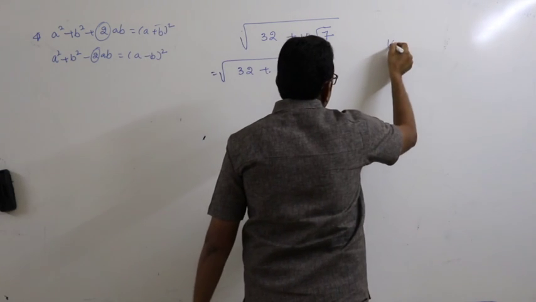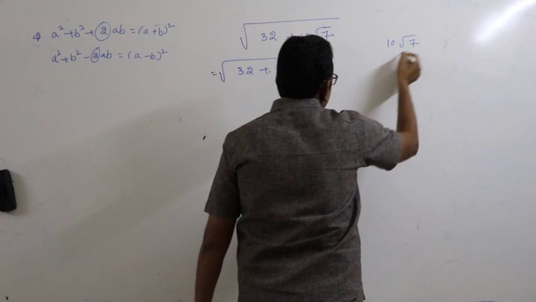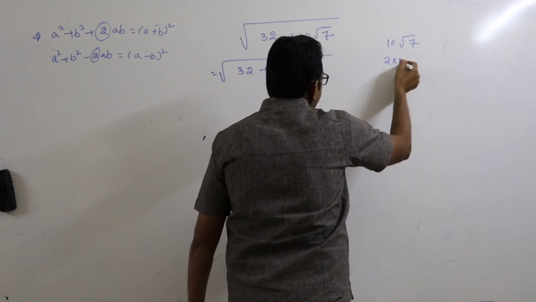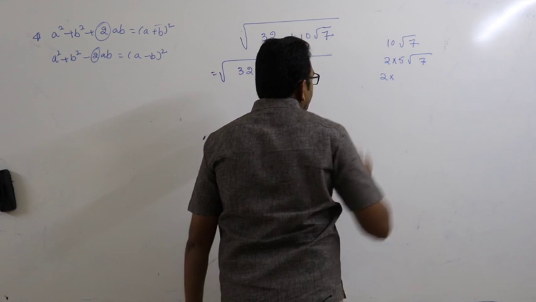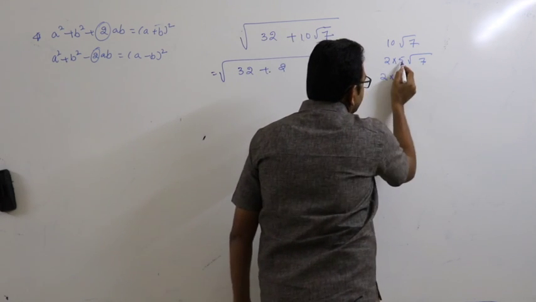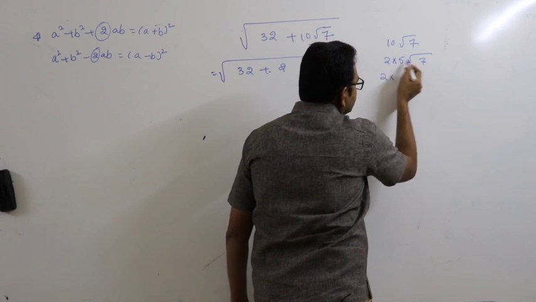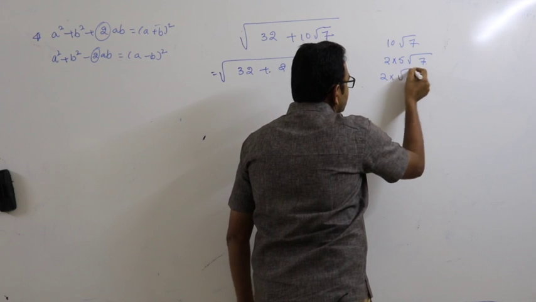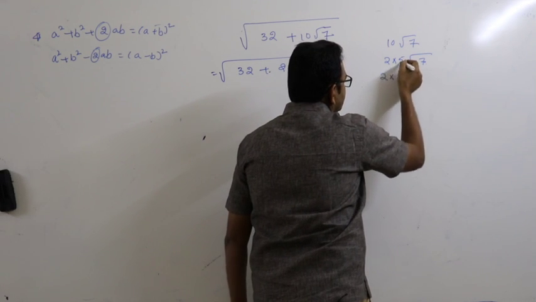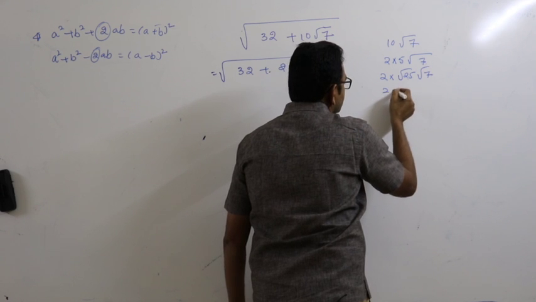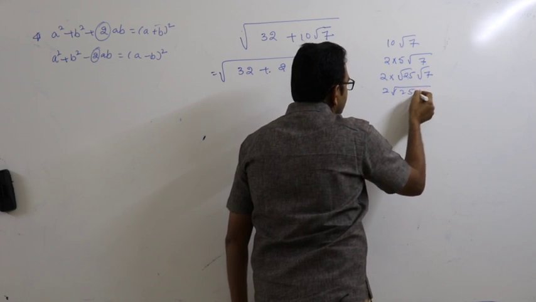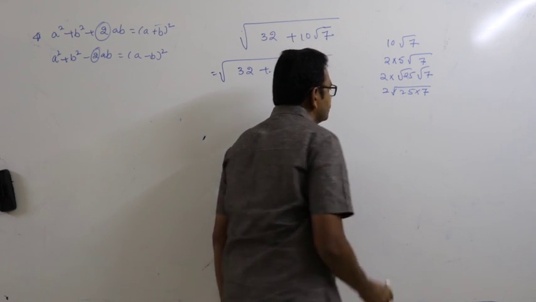So 10 root 7 is 2 into 5 into root 7. 5 is root 25, take inside. So that becomes 2 root of 25 into 7.